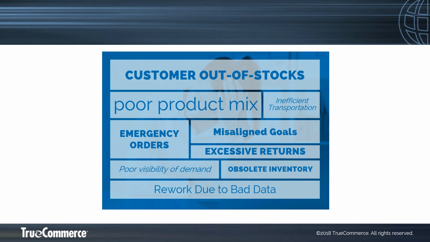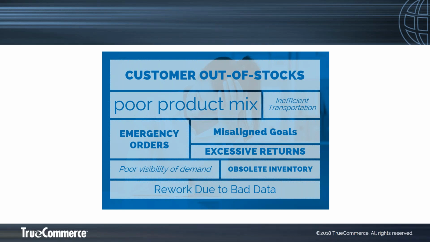Emergency orders: I don't get much visibility. I don't know what is happening currently on my partner's side, and therefore I need to place very last short notice orders. Misaligned goals: you want to drive your strategy together with your partners. When these are trusted strategic partners, you want to make sure that you follow the same approach.